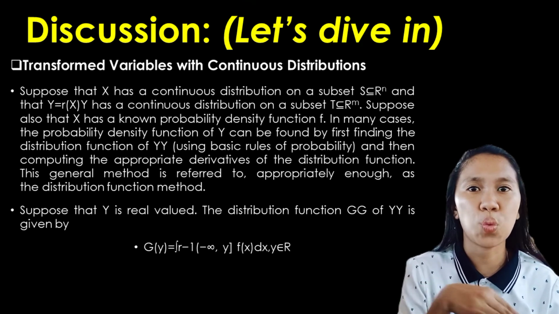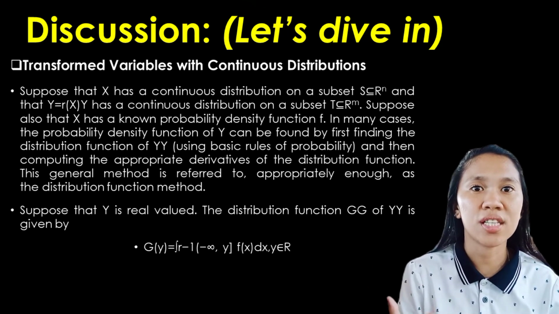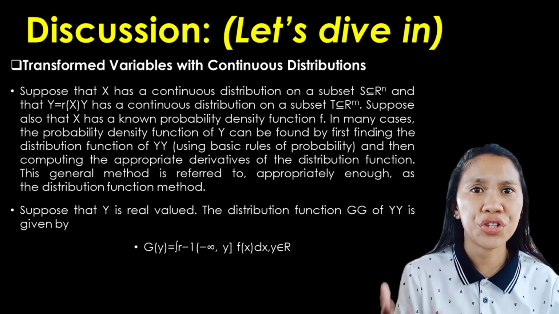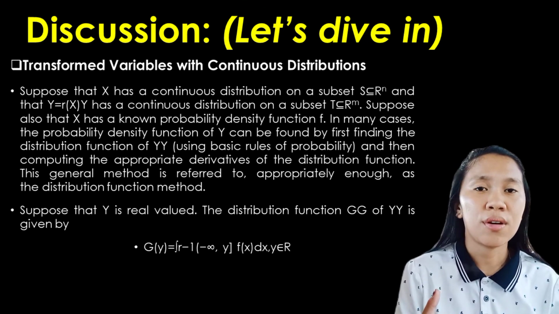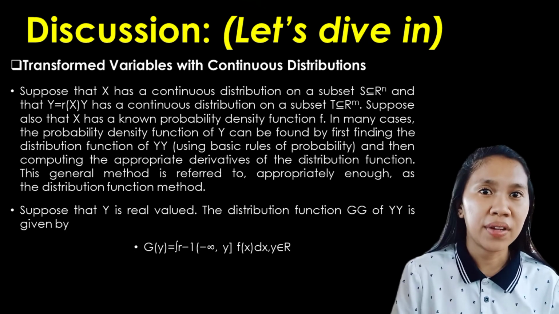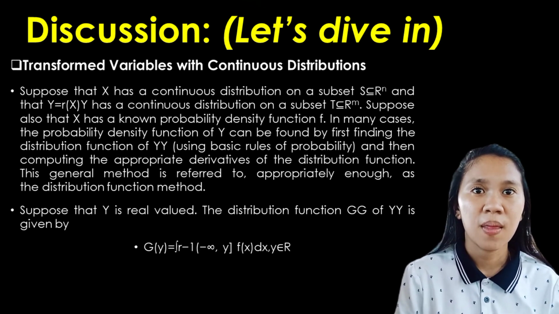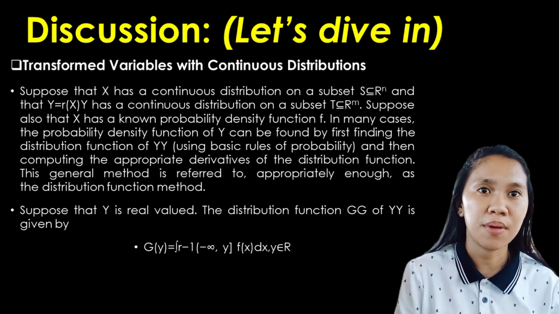So suppose that y is real valued. The distribution function g of y is given by g of y equals the integral over r to the power of -1 of negative infinity to y of f of x dx, for y an element of r.